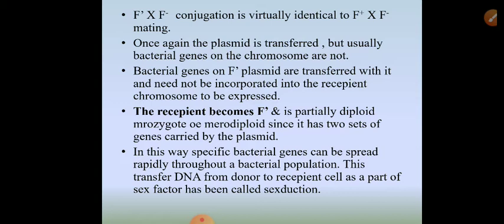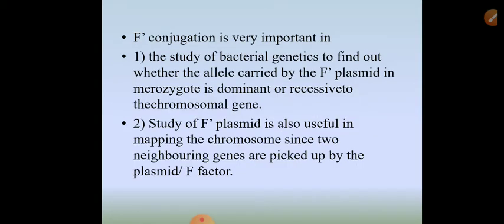In this way, specific bacterial genes can spread rapidly throughout a bacterial population. This transfer of DNA from donor to recipient cell as a part of a sex factor is called sexduction. F prime conjugation is very important to find out whether the alleles or genes carried by the F prime plasmid in the merozygote are dominant or recessive.